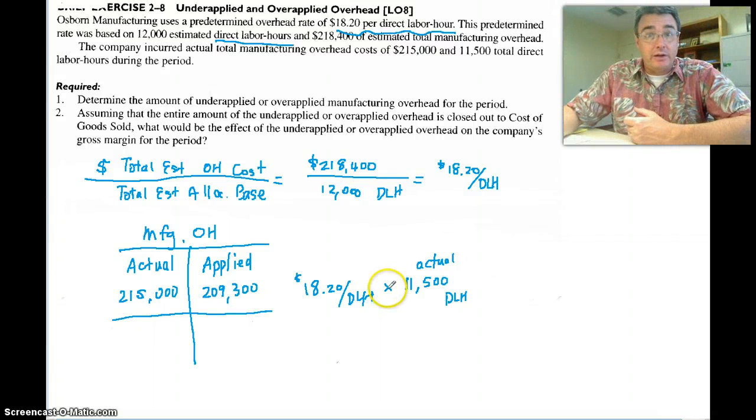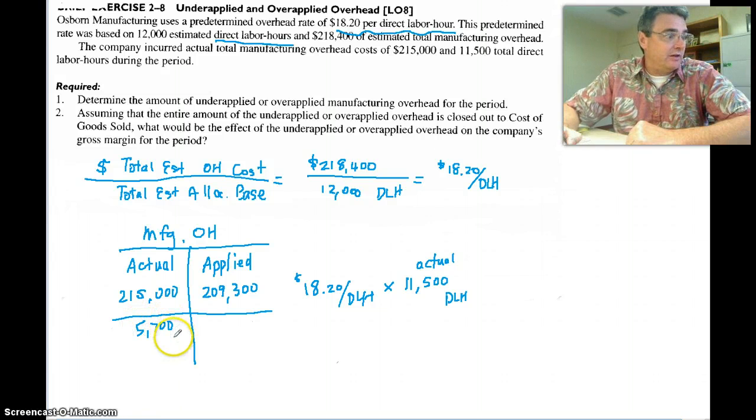Well, it's $5,700. That's the difference between those actual and applied overhead charges. But is it on the left side or on the right side? It's got to be on the left side because that's the higher of the two numbers. We have a $5,700 debit balance in our manufacturing overhead.